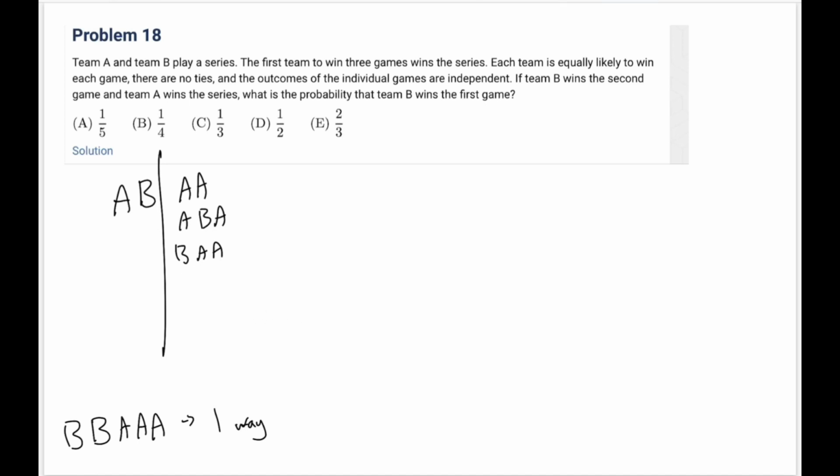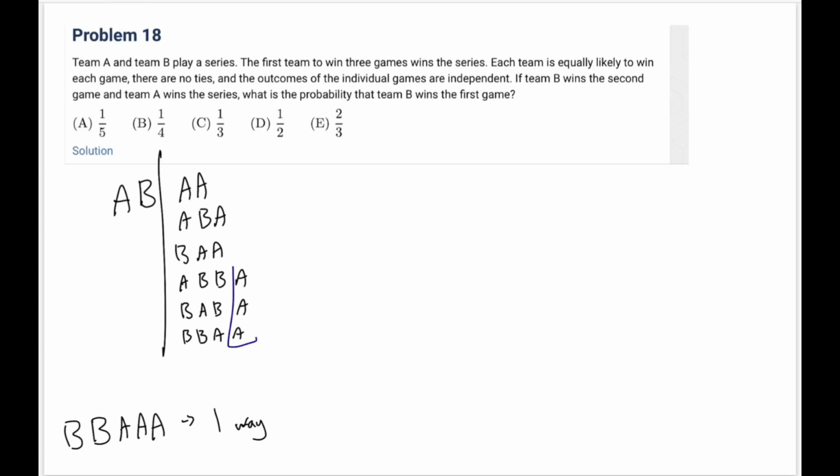And so it's A B A or B A A. And if the game drags on to 4 games, then it could be A B B A, or B A B A, or B B A A.